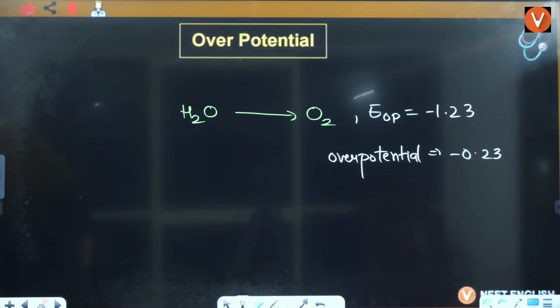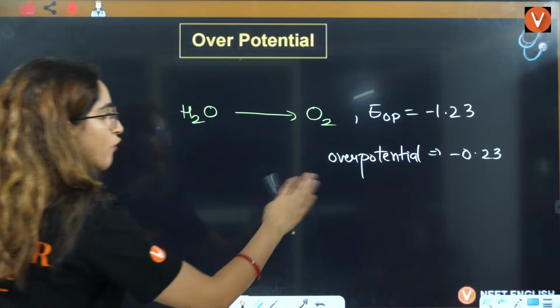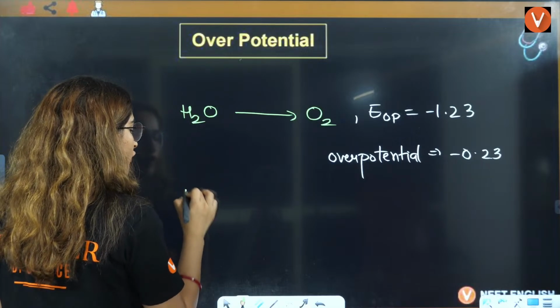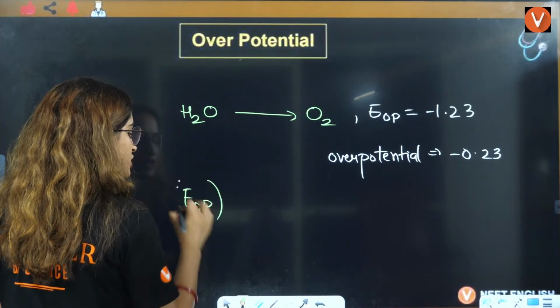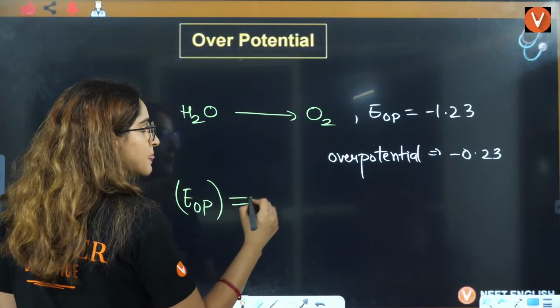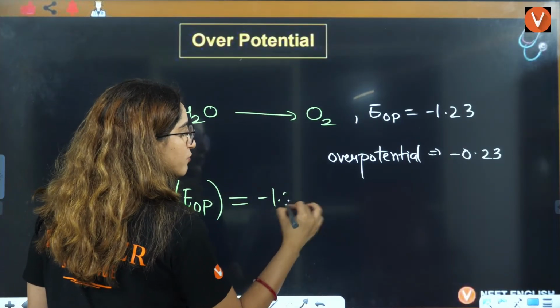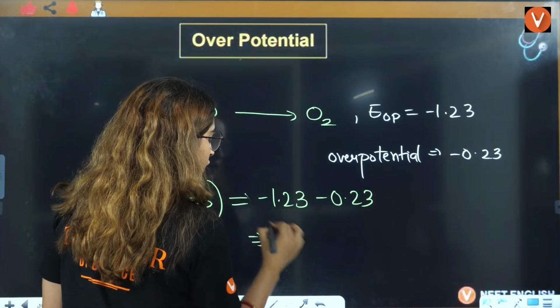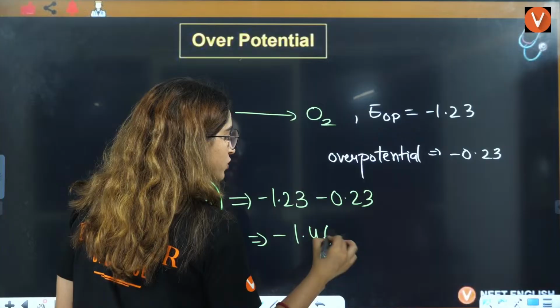Let me just check the values side by side. Yes, so this is the overpotential that you are providing, and hence the overall oxidation potential after applying the overpotential will become minus 1.23 minus 0.23, which equals minus 1.46.